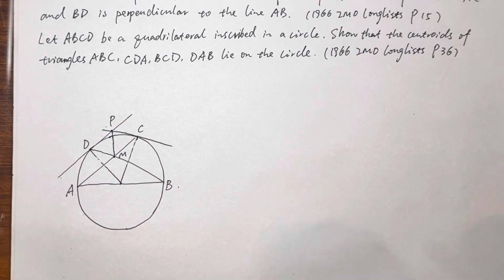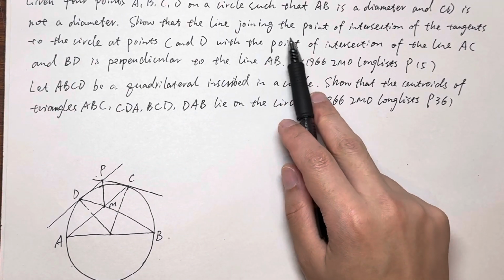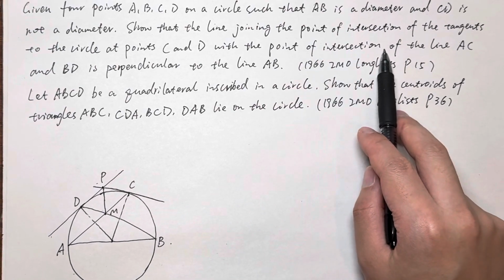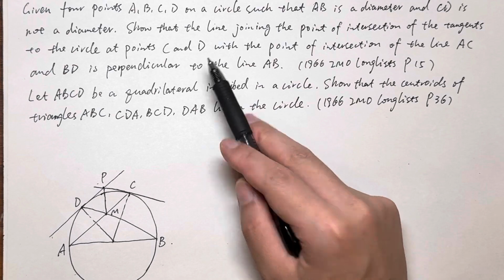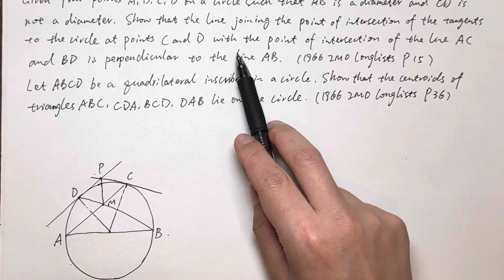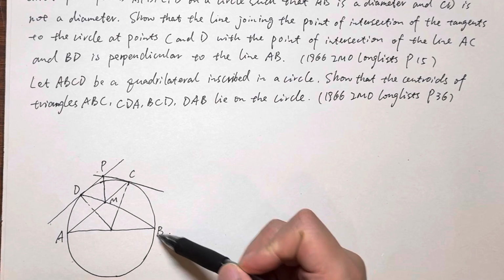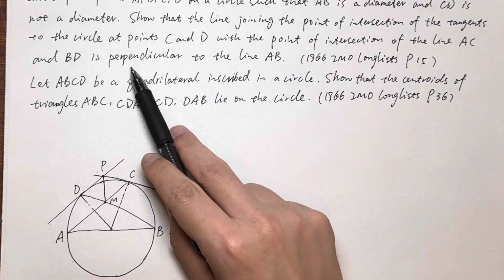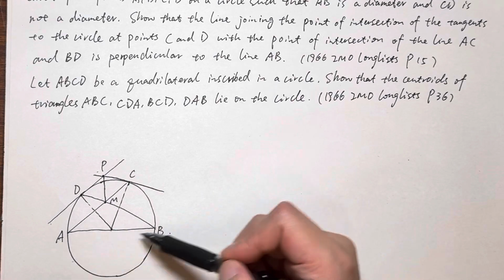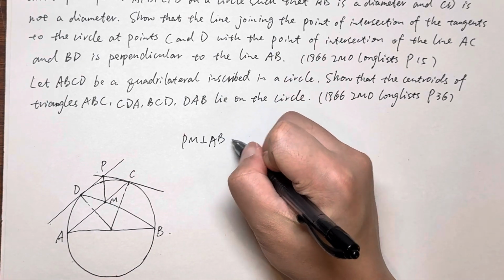So it's asking for, show that the line joining the point of intersection of the tangents to the circle at points C and D, that's the point P, with the point of intersection of the line AC and BD, that's the point M, right? So this line is perpendicular to the line AB. So we want to prove that PM is perpendicular to AB.